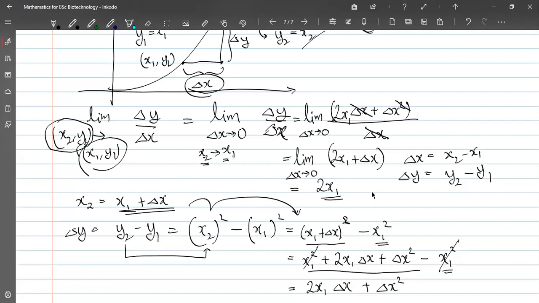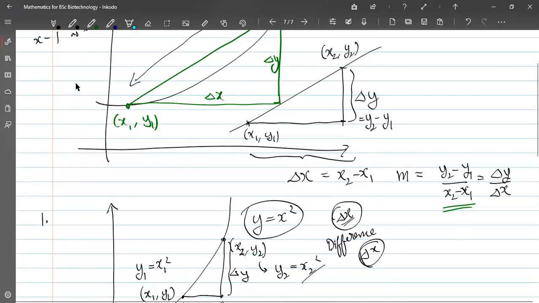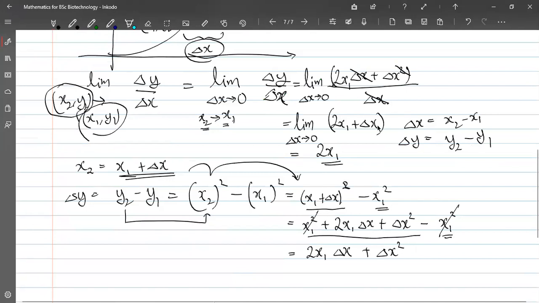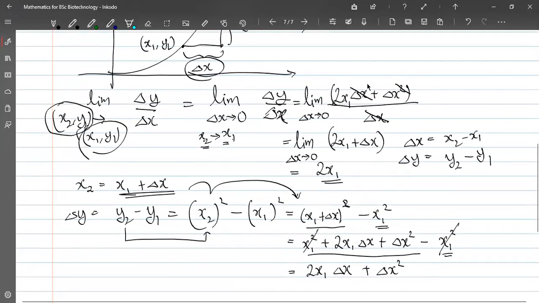Apart from the notation of using delta x and delta y, everything here is what we have done before. We have evaluated limits like this, right? So this is really no different. It's just that the notation is delta x approaches 0 instead of just x approaches 0, and x1 is some fixed constant.